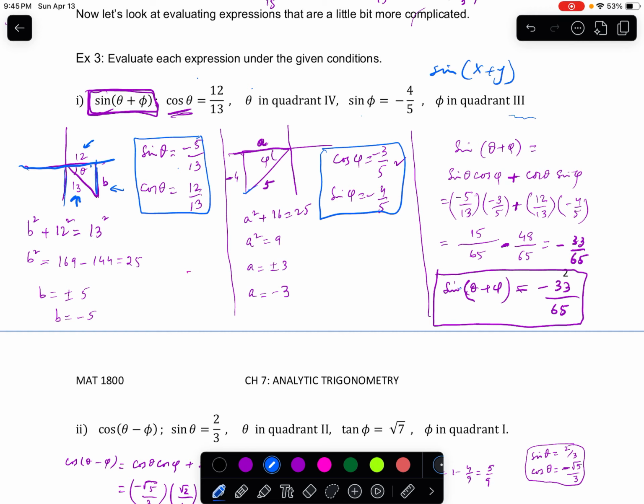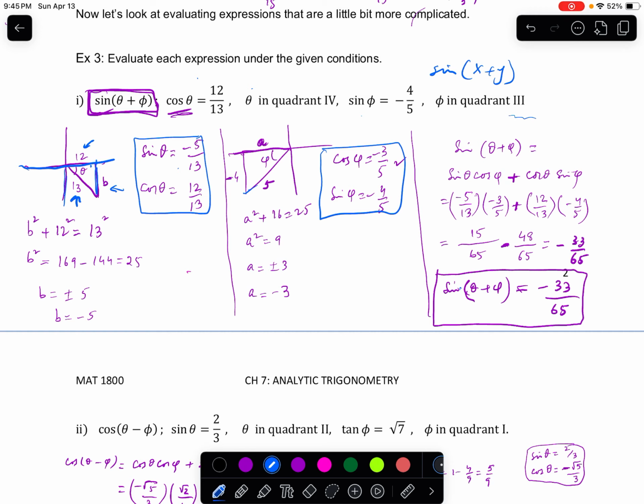And then cosine of theta is adjacent over hypotenuse. So I put the 12 along the x-axis. The side of the triangle is 12 and the hypotenuse is 13. Now we have this vertical side, which we need to figure out. And how do we find it?